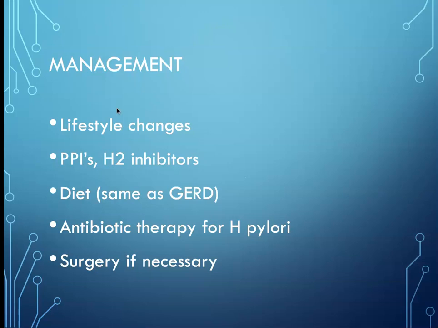Antibiotic therapy, if the patient has H. pylori, is basically a combination of antibiotics and antacids, and it's given, I believe, for a course of 2 weeks, a 14-day course, depending on the severity of the patient's PUD, and also depending on what medications the patient can tolerate or is allergic to.